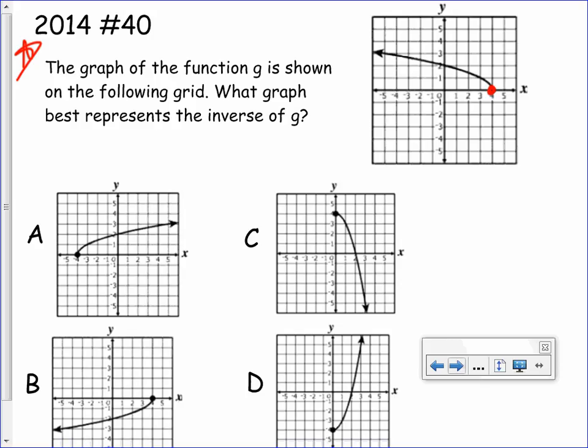So the inverse of this function would have the point, instead of 4, 0, it would have 0, 4. I think there's only one of them that has that. Okay, easy day.